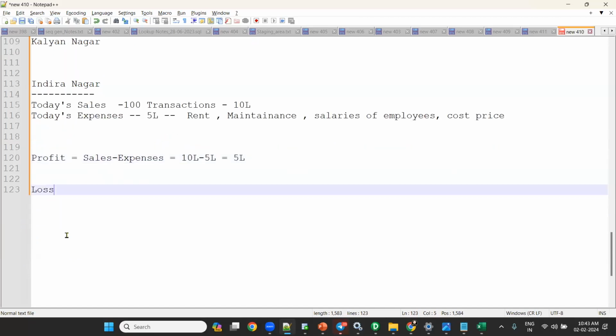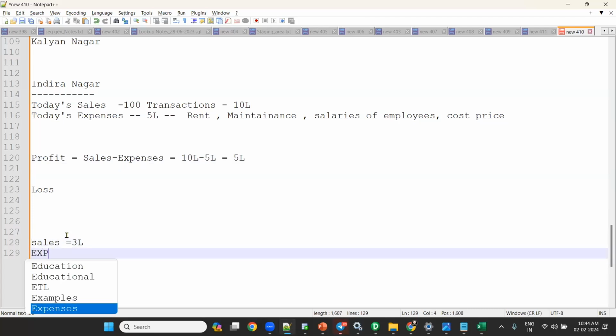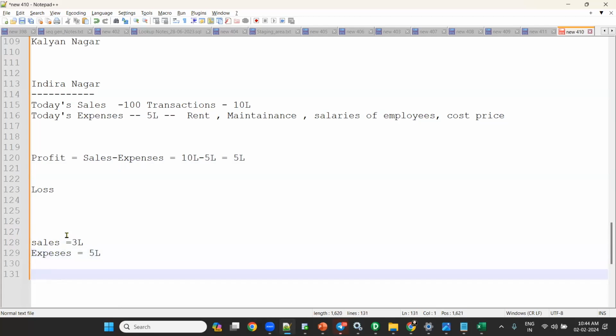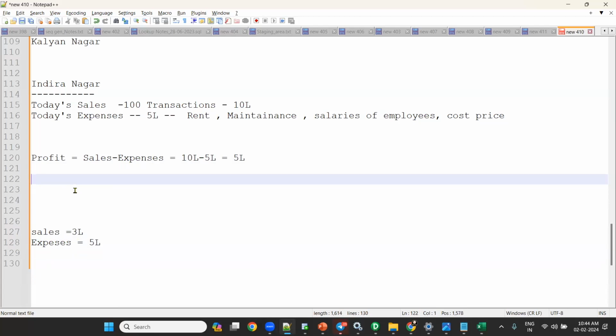For example, on the next day, I got sales of 3 lakh and expenses of 5 lakh. Then I will get a loss. 3 lakh minus 5 lakh is minus 2 lakh. 2 lakh loss. Correct.